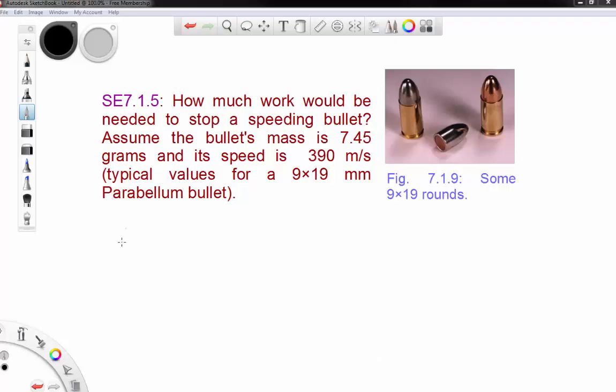All right, so work should be equal to change in kinetic energy. And the change in kinetic energy in this case basically means 1/2 m times v final squared minus 1/2 times the mass times the initial speed squared.